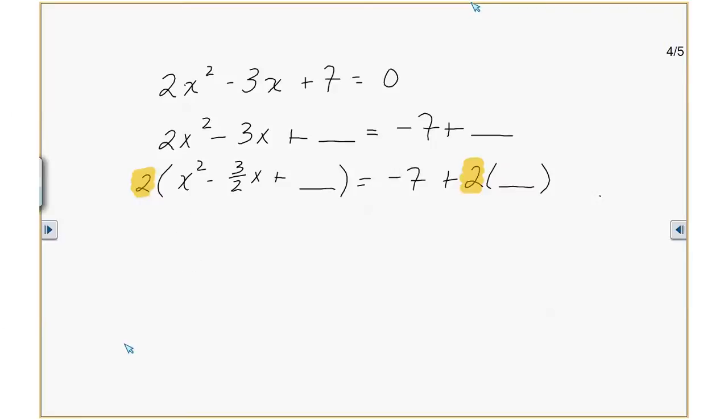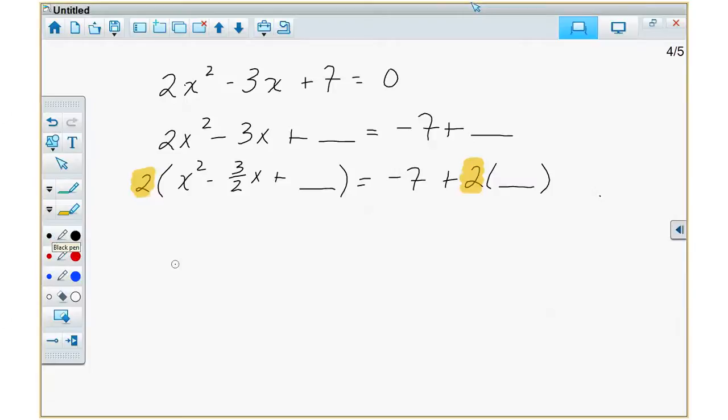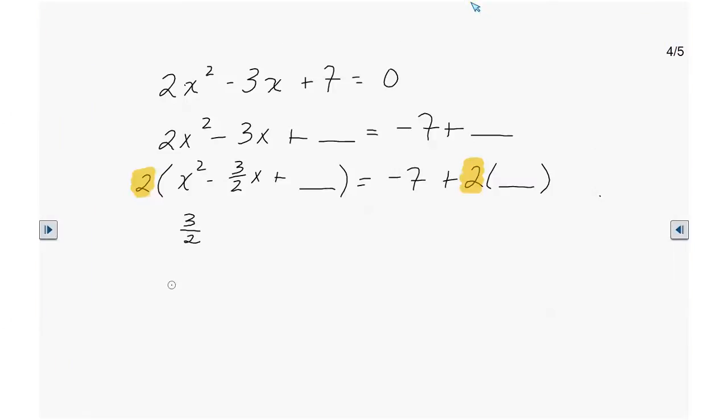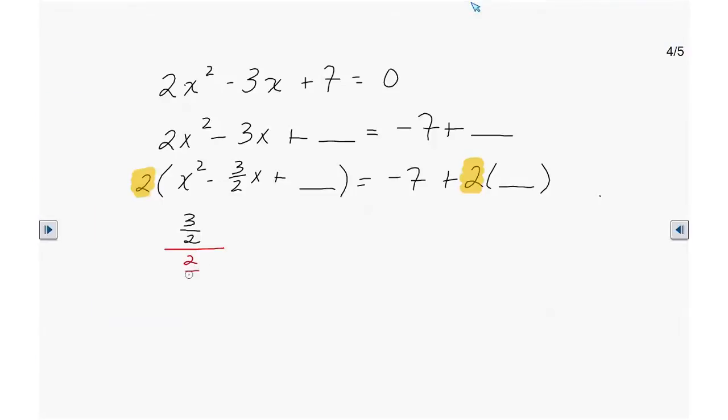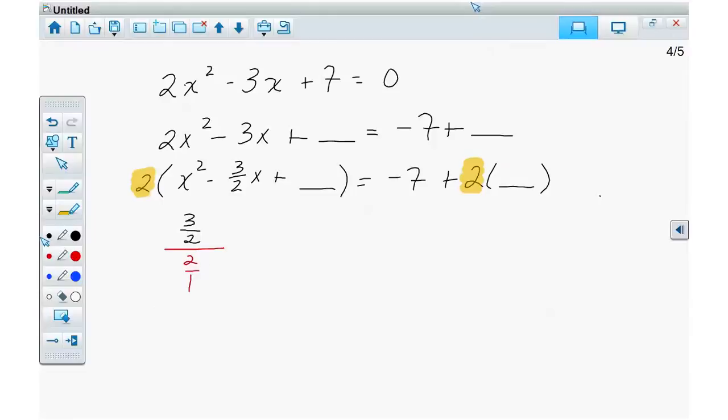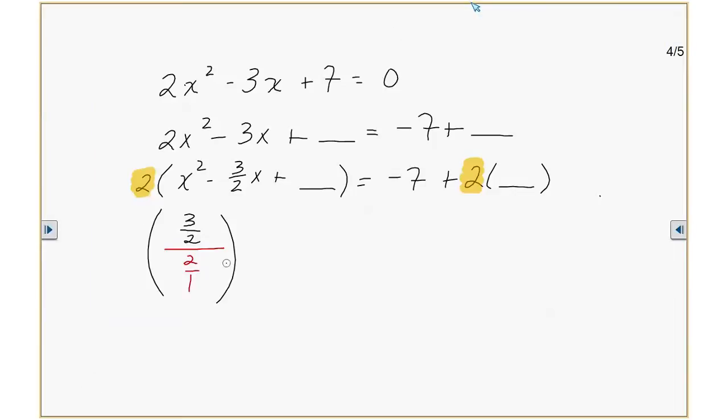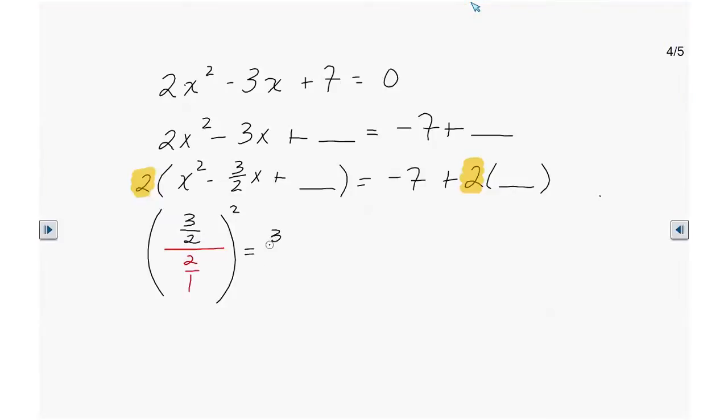In fact, I'm going to do something different. 3/2 divided by 2/1, and multiply that by itself. Now, the reason I changed it to 2 over 1 is we're dividing a fraction by a whole number. So I changed it into a 2 over 1, so you remember to multiply by the what? Reciprocal, Hubert. Thank you, class.